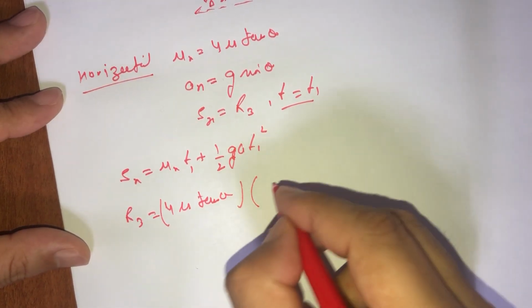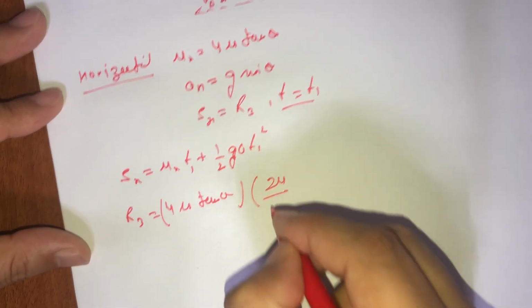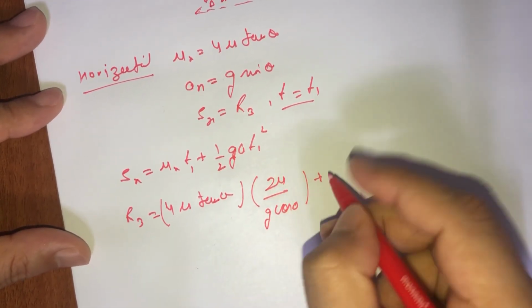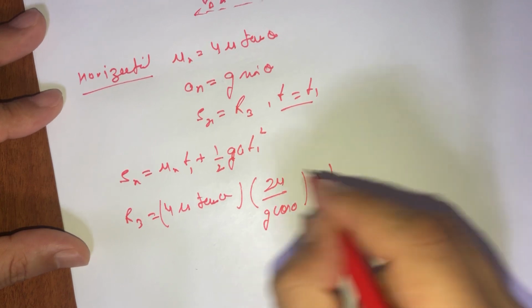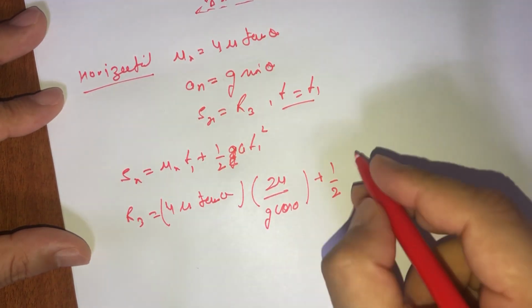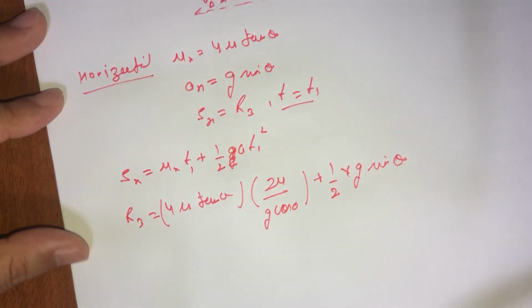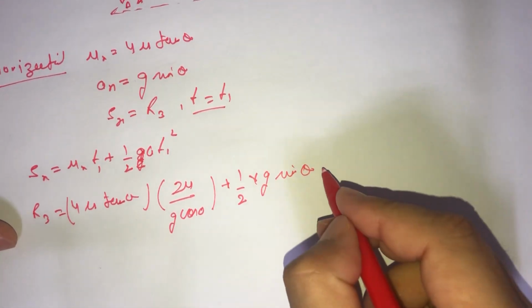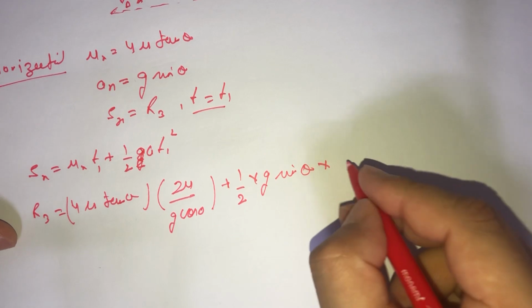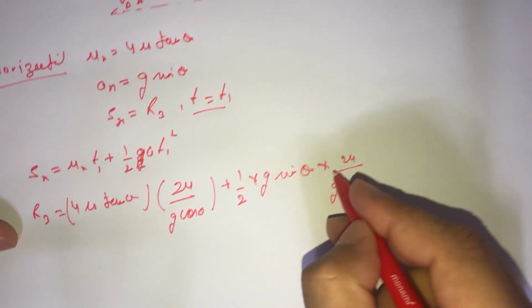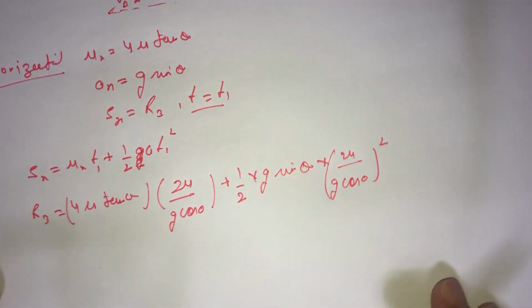T1 we already know is 2u over g cos theta, plus 1/2 acceleration g sin theta multiplied by t1 square, that is 2u over g cos theta squared.